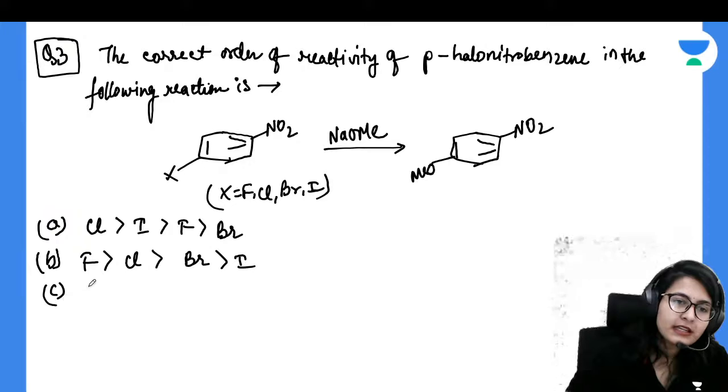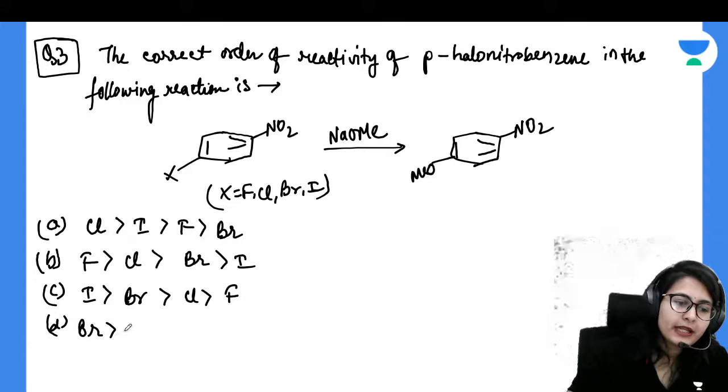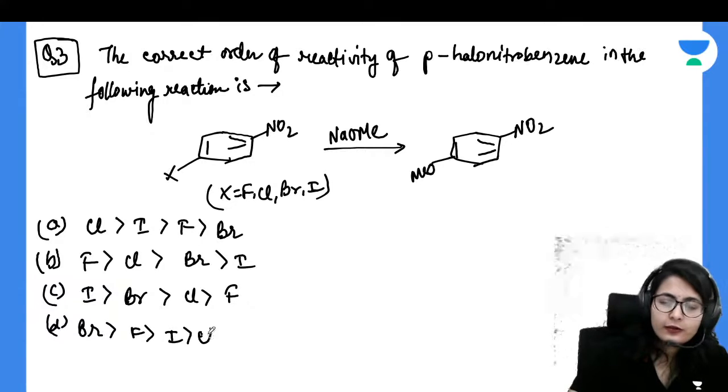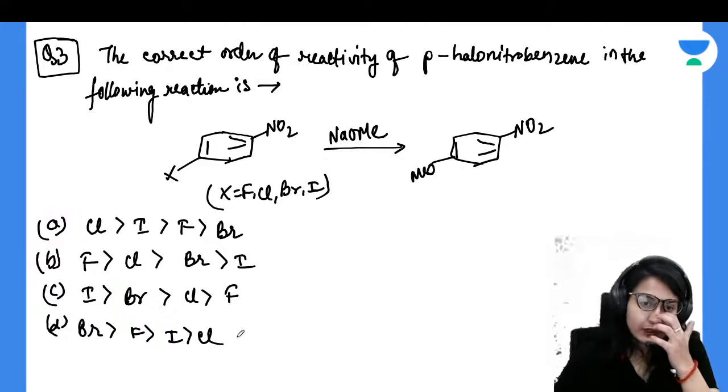Same option number C, the iodonitrobenzene is going to react better, then bromo, then chloro, then fluoro. Option number D, bromo better than fluoro, then iodo, and then chloro. Yes, today only we have discussed this, guys.